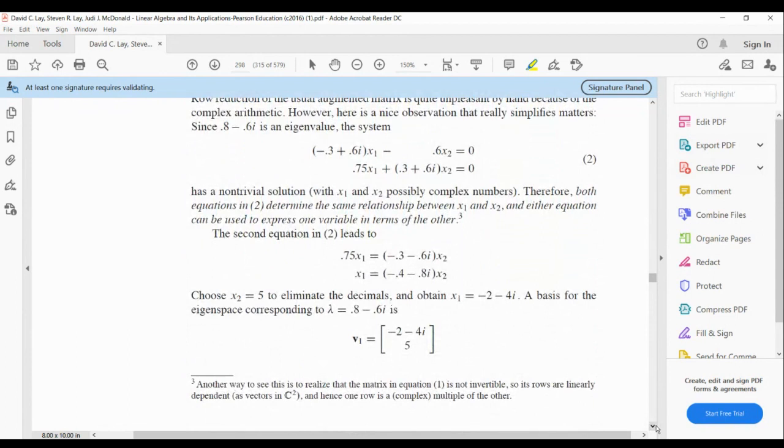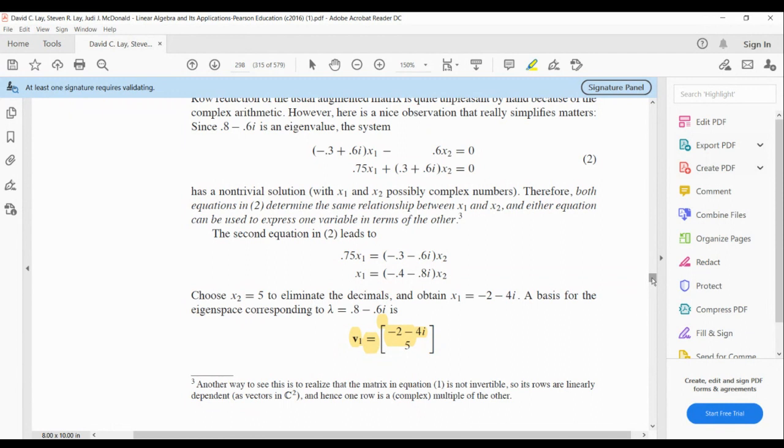And they write their eigenvectors with integer values, which is what you want to do, and MyMathLab probably will want answers with integer values in them. If you type in an eigenvector that has decimals, it may not accept the answer. It might say use integers for your components. So just keep that in mind.